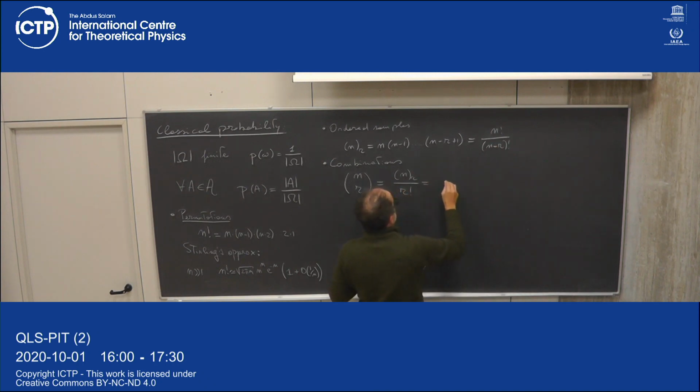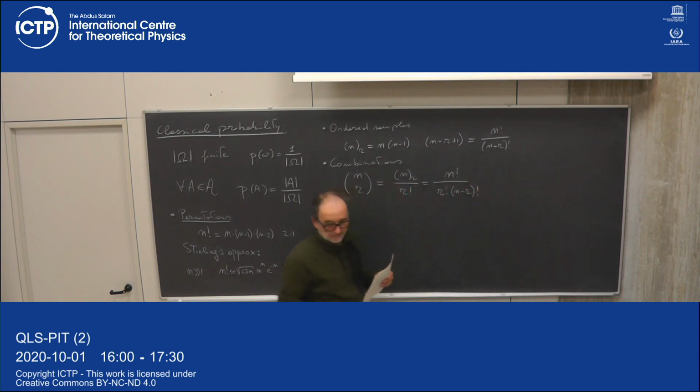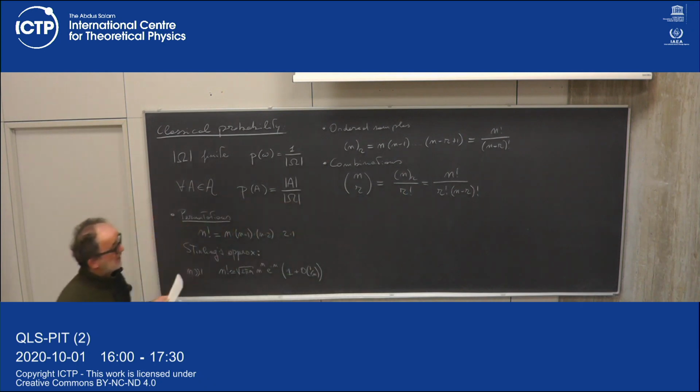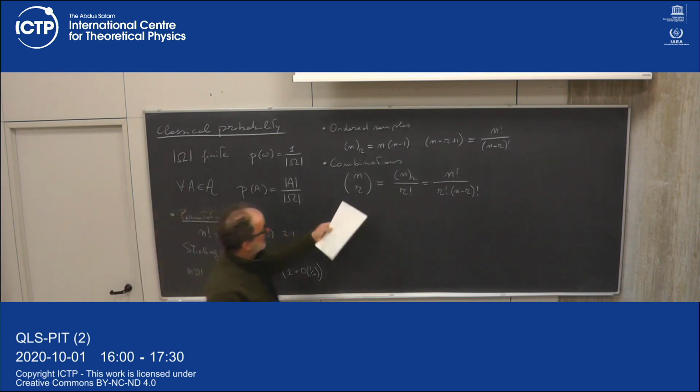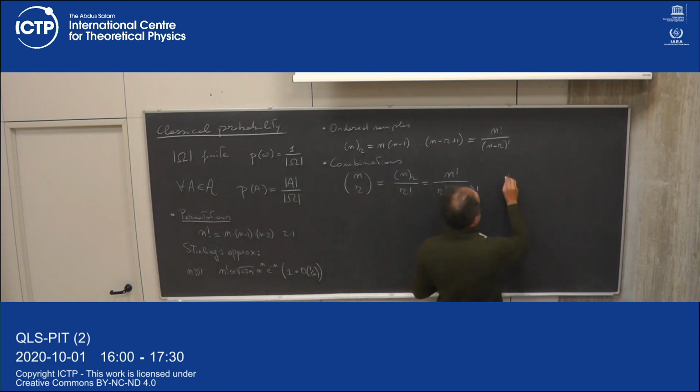So this is also written as n factorial divided by r factorial times (n minus r) factorial. Okay? So there are two properties that I want to remind you about. This is called the binomial coefficient, for reasons that we will see.